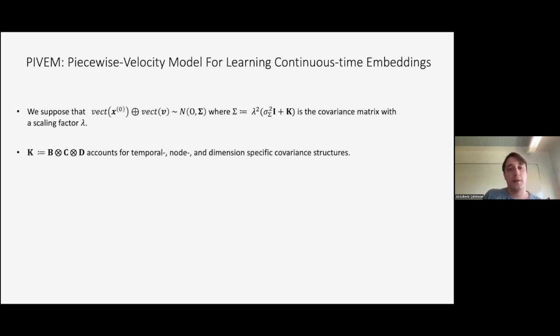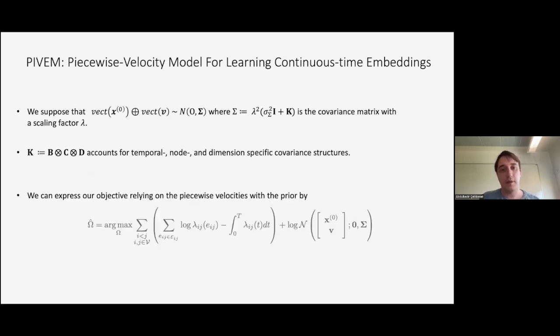We also suppose that these initial positions and velocities follow a normal distribution with zero mean and covariance matrix sigma. Here it is defined as a Kronecker product of three other matrices, B, C, and D, which are responsible for the temporal, node, and dimension-specific covariance structures.